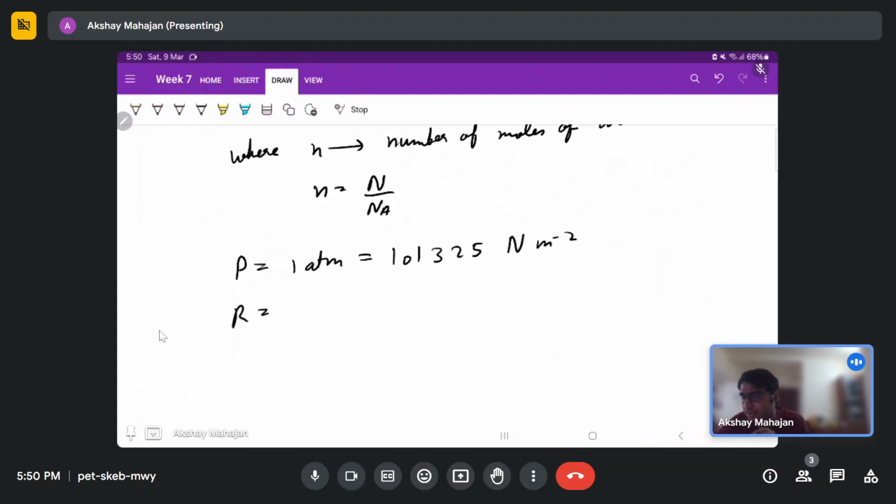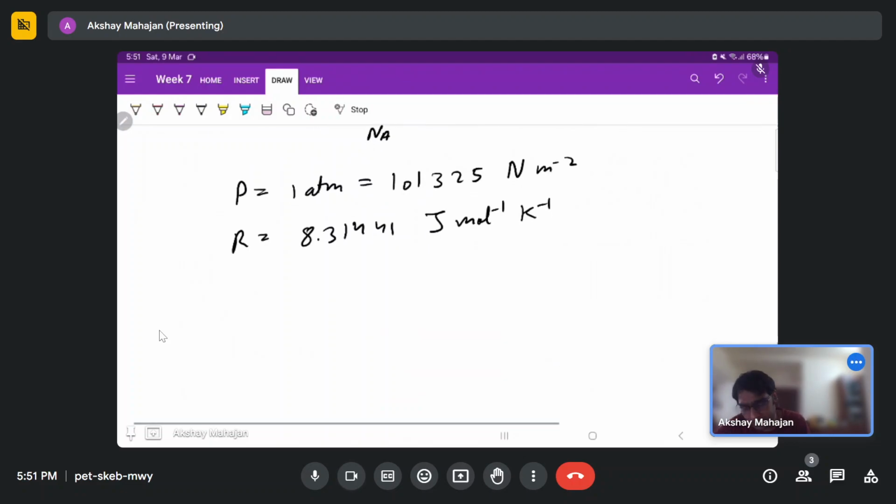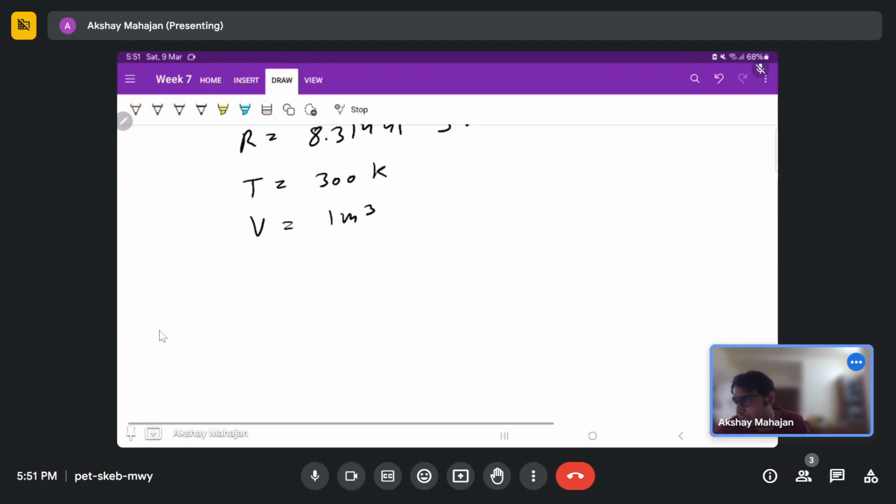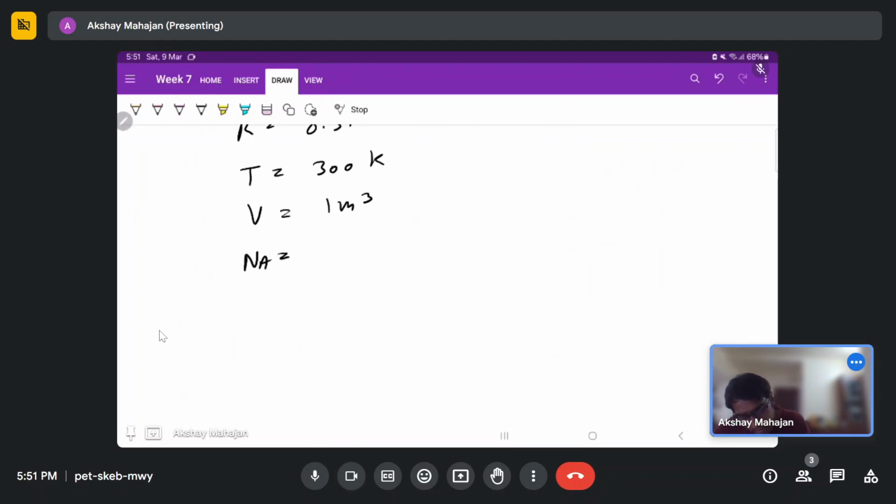R is equal to 8.314441 Joule per mole per Kelvin. Temperature, take 300 Kelvin. Since we need per meter cube, I will take volume to be 1 meter cube, and N A is the Avogadro's number that we know as 6.022 times 10 to the power 23.